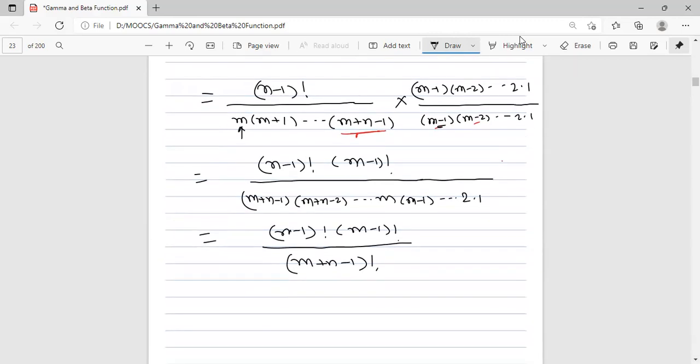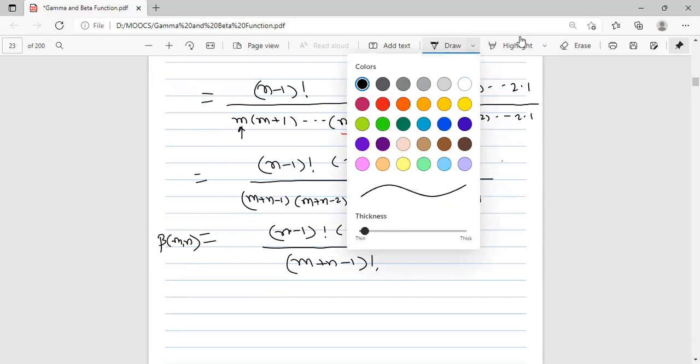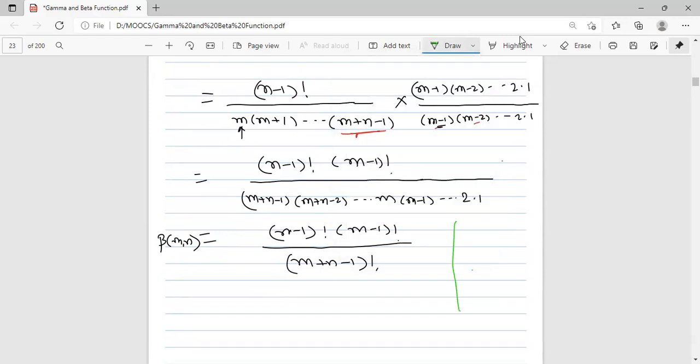Oh, very nice. We are getting beta of mn is equal to this. But we know here in terms of the gamma function. I will talk here about gamma of n. What is gamma of n? This is in terms of factorial, or gamma of n plus 1. Gamma of n plus 1 is equal to n factorial.